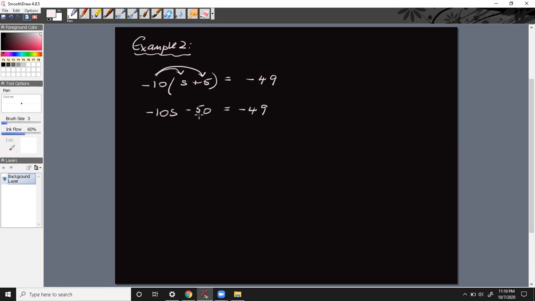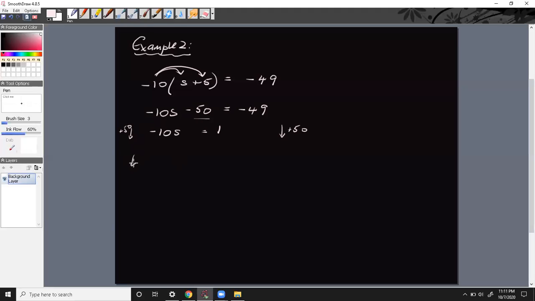So we have to first of all add on the 50. So we're going to add on 50 to both sides. So that is just going to leave us with minus 10s on that side, and minus 49 plus 50 is 1. So now we have minus 10s is equal to 1.